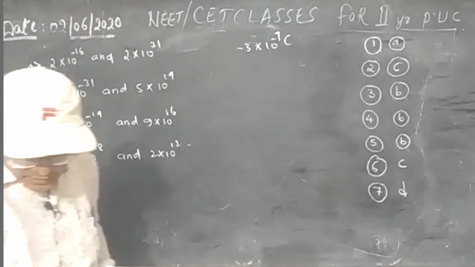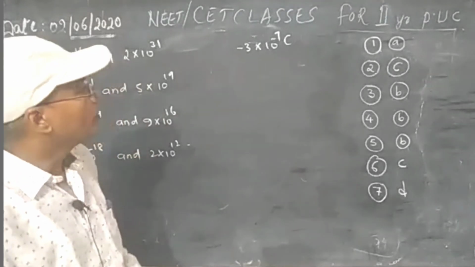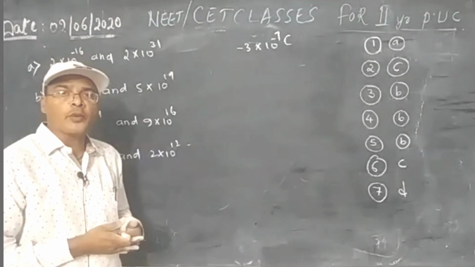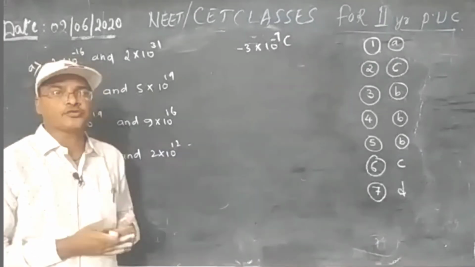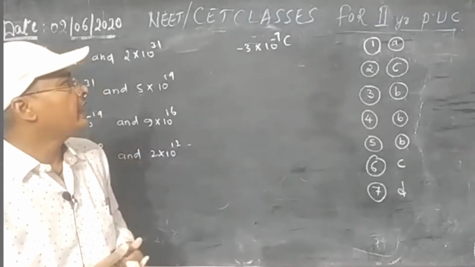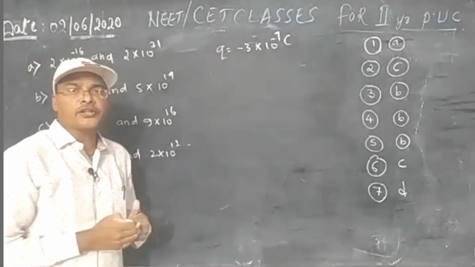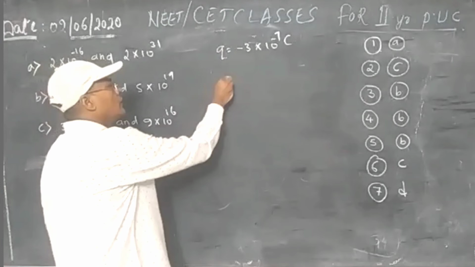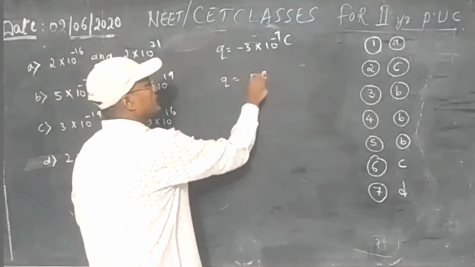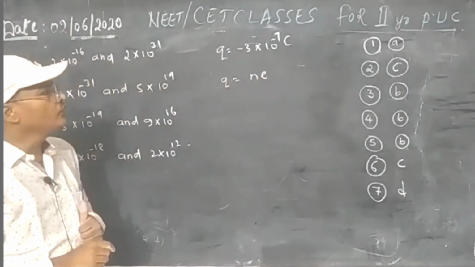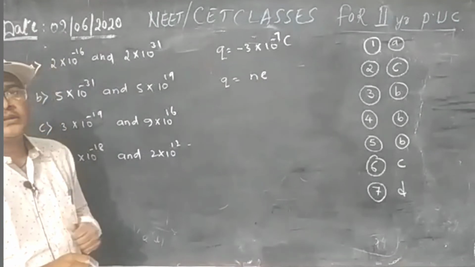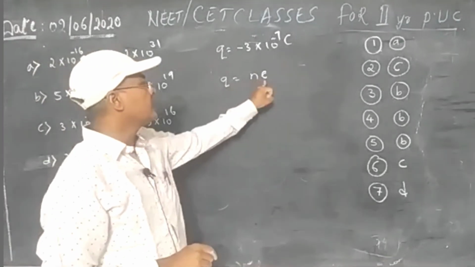So this is one property of electric charge, that is quantization of charge. As we know, this Q value is given according to the quantization. So Q equal to N into E. Electrons get transferred.